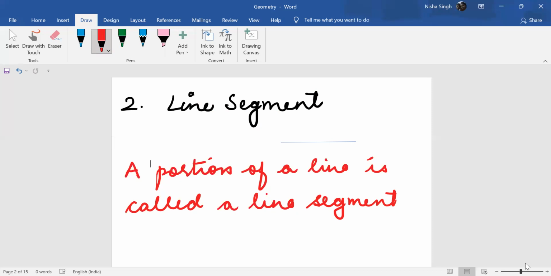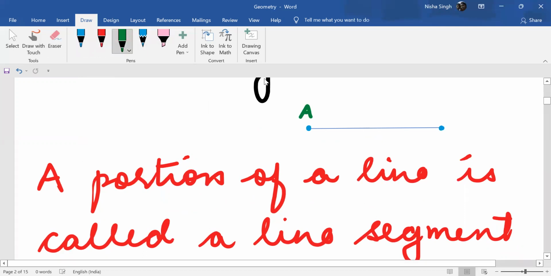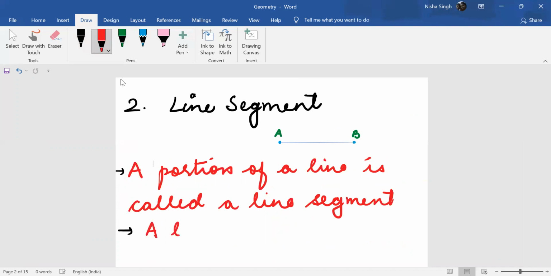So children, here you can see, let me zoom it. Here you can see a line segment. It is a line segment which has two endpoints. बेटा इसके दो endpoint हैं. Let's name it A and B. So by this you can say that a line segment has two endpoints.